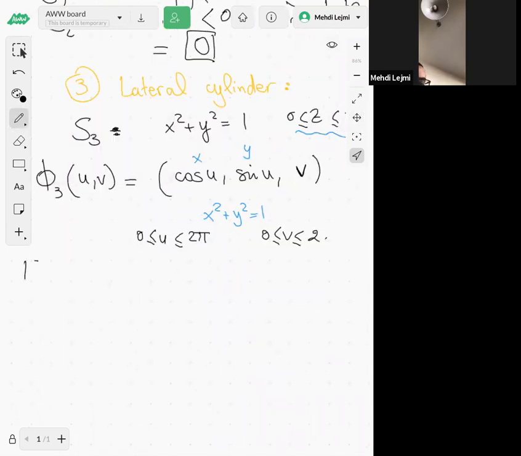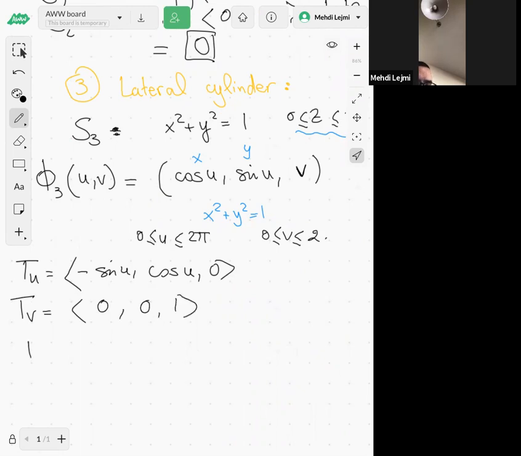So tu, as usual, is minus sine of u, cosine of u, 0, and tv is 0, 0, 1. You do tu cross tv, and that will be cosine of u, then sine of u, and then 0.